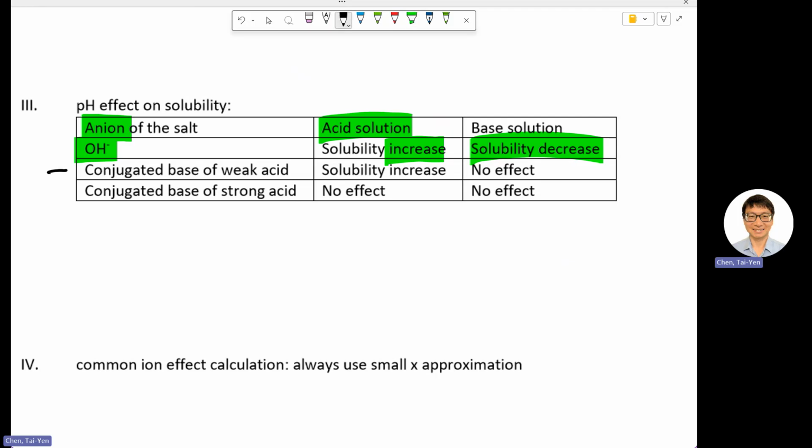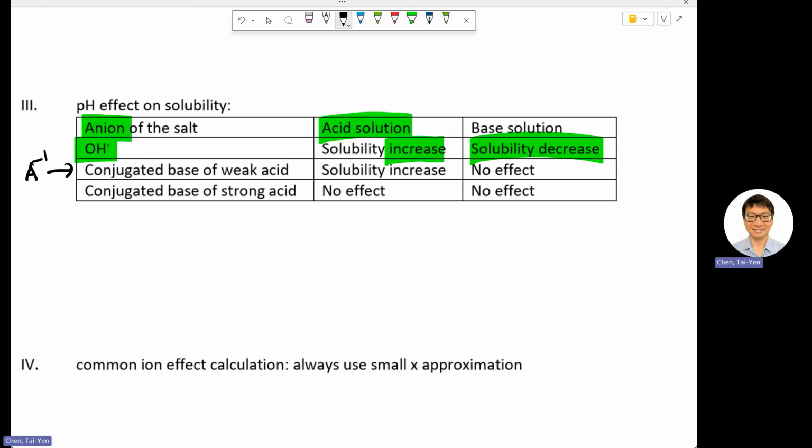Scenario number 2 is that if you have a conjugate base of a weak acid, which is your A minus, and you put it into your acidic solution, your conjugate base will interact with the strong acid.